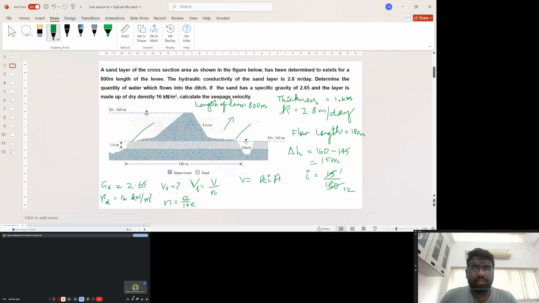Now coming to the cross-sectional area. Let us assume a rectangular cross-section, so the area is the length of the levee into the thickness, which is 1.6 into 800. Now let us substitute: 2.8 meters per day into i, which is 1 by 12, into area in meter square, 1.6 into 800.